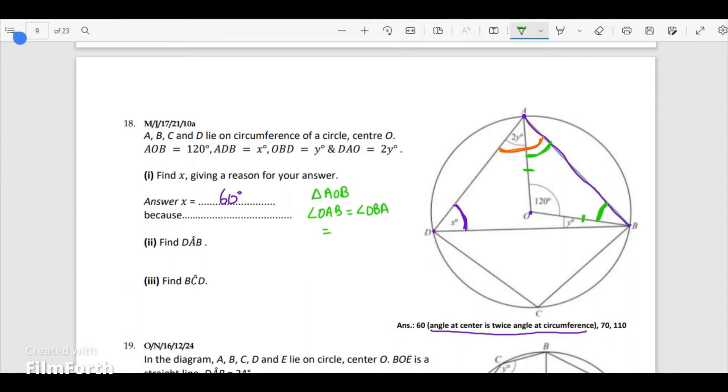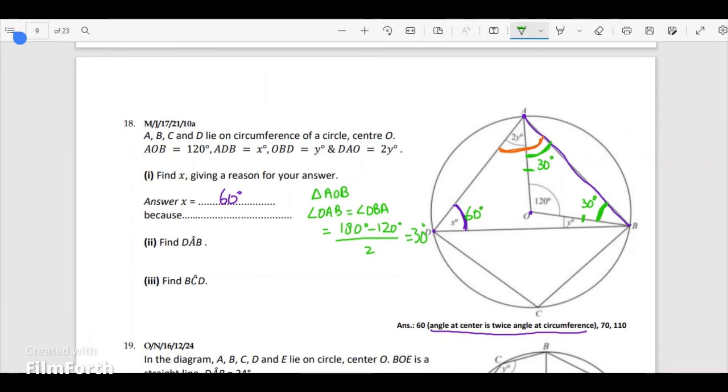So this angle would be equal to 180 degrees, take away 120 degrees, and you divide that by 2. 180 minus 120 degrees would be 60 degrees. 60 degrees divided by 2 would be 30 degrees, and hence your answer is 30 degrees. This means this is 30 degrees right here, this is 30 degrees right here. So we got both our missing angles figured out already. And x, by the way, I just calculated in the first part, this is 60 degrees.